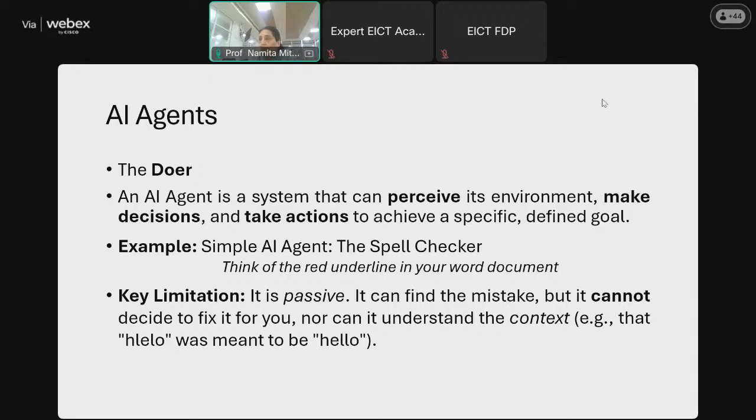It is meant for hello, but because the AI agent is passive, it may not understand it. It's just an example. There may be several. So the key limitation is it is passive. It cannot take the call.